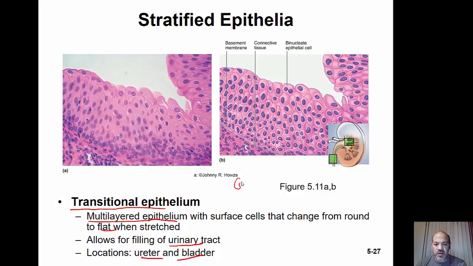So if we were to draw some kidney-looking structures there, the tubes that come out are called the ureters. And those empty into the urinary bladder. So the urinary bladder and these ureters are capable of stretching, and they're lined with the stratified epithelium.